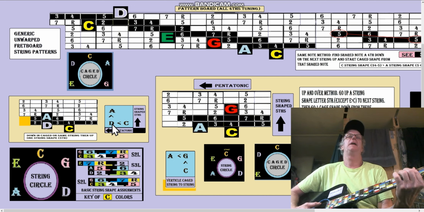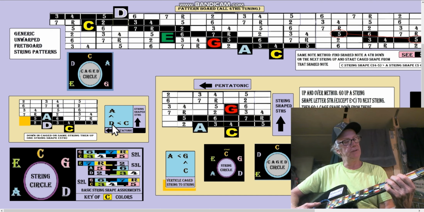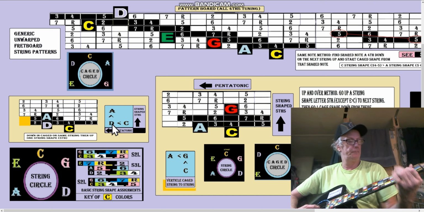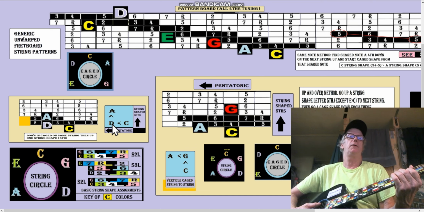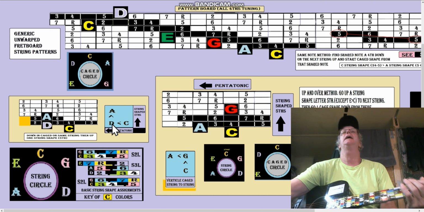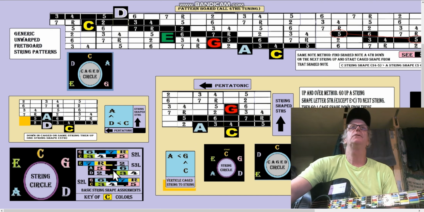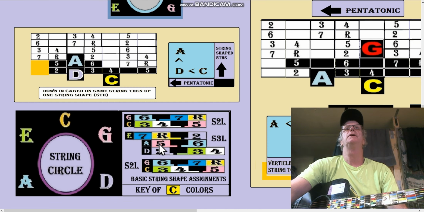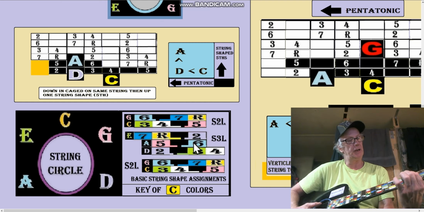Okay, and then from that D shape, fifth of D is A shape. You just have to know that when you're going to D shape and an A shape, you stick to this pattern here. D goes to A, so from 2, 3, 4, the 5, 6 is going to be above there. It's going to be just like our S3L.